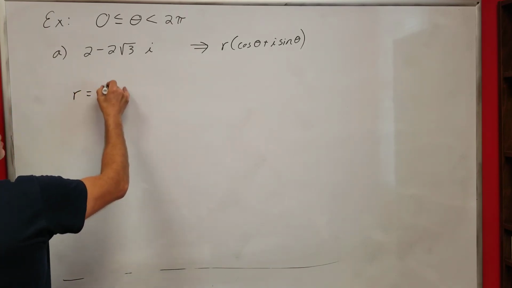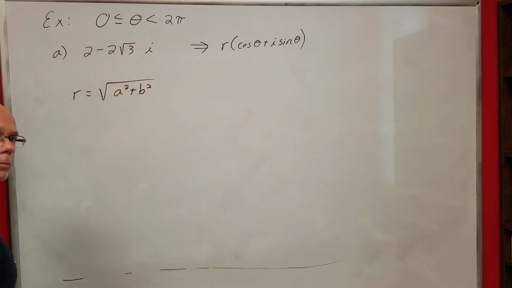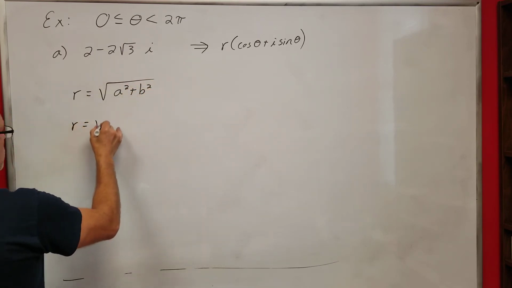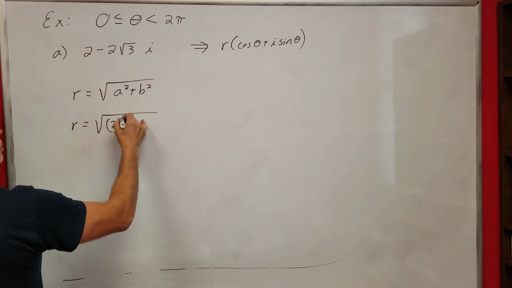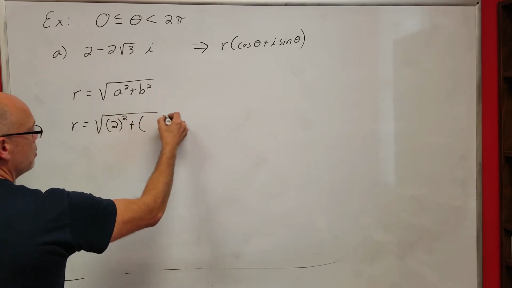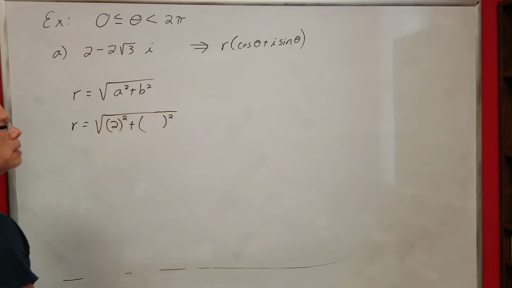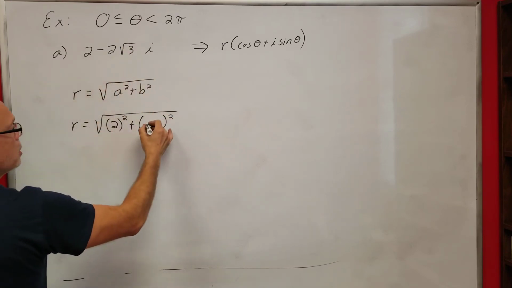So r is the square root of a squared plus b squared, we said. So that means r is equal to the square root of, what's a? 2, let's square it, plus b squared we have here, right? What's b? What's the part that's being multiplied by i? Negative 2 square roots of 3.